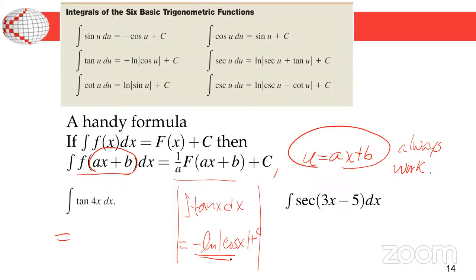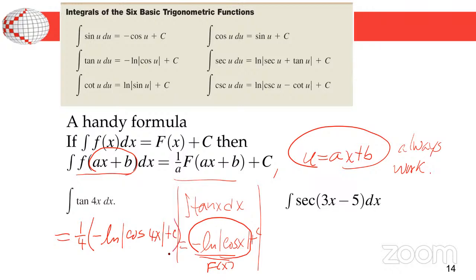You need to use this fact no matter whether you use substitution or this formula. So to use this formula, how do we do it? This would be our capital F. So this formula tells us the integral of tangent 4x is going to be 1/4 times this antiderivative, negative log cosine x, but x has to be replaced by 4x, plus c.